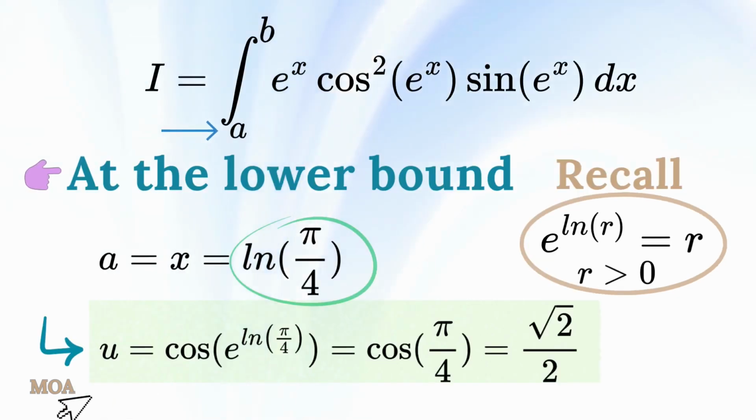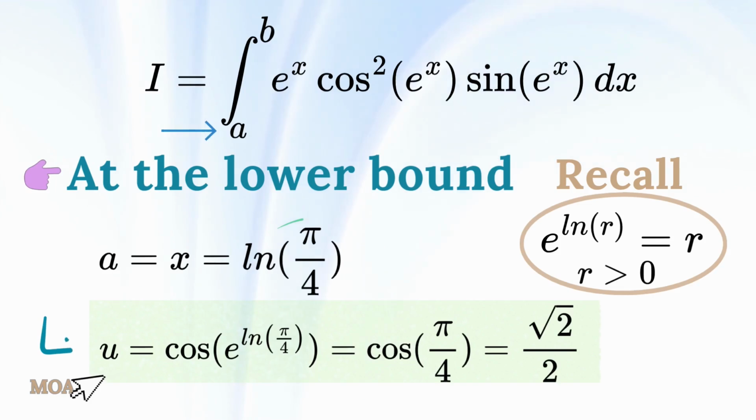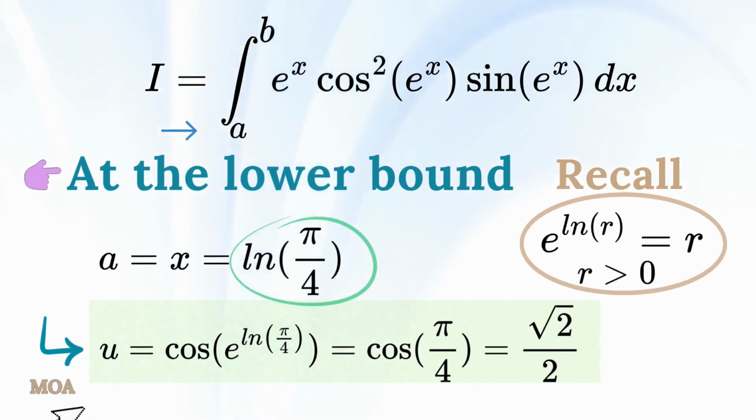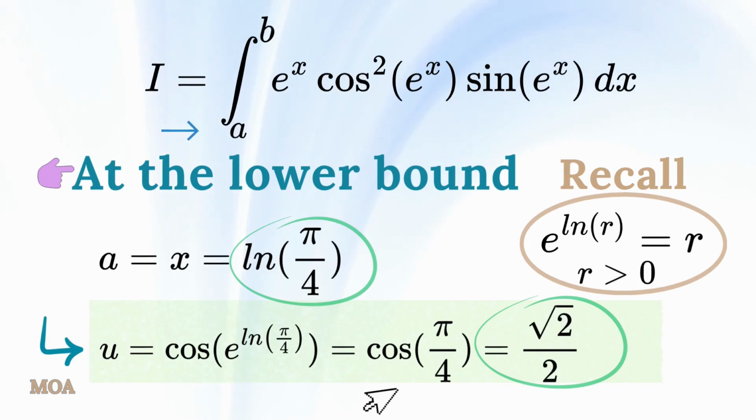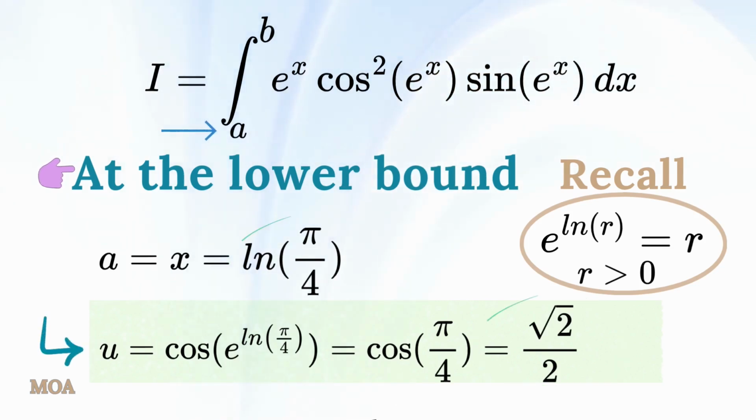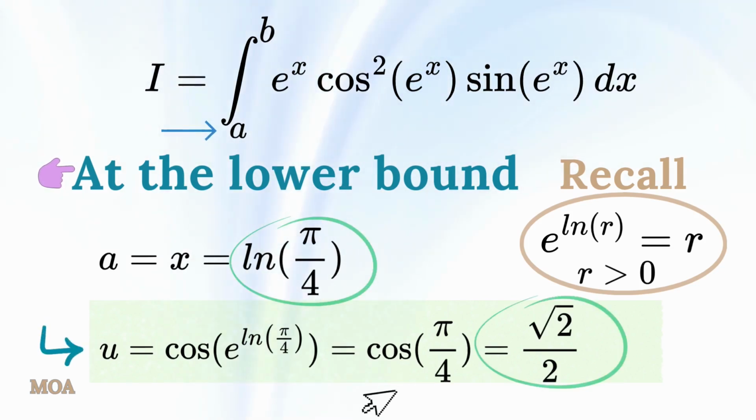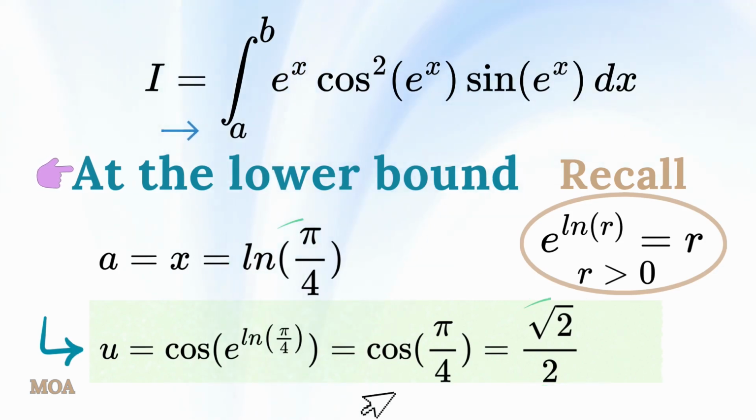At the lower bound, when x equals the natural logarithm of pi over 4, u equals the cosine of e to the power of the natural logarithm of pi over 4, which simplifies to the cosine of pi over 4, namely, the square root of 2 over 2.